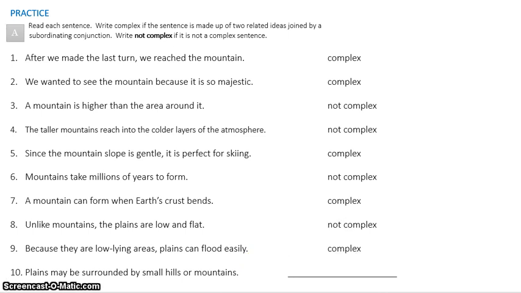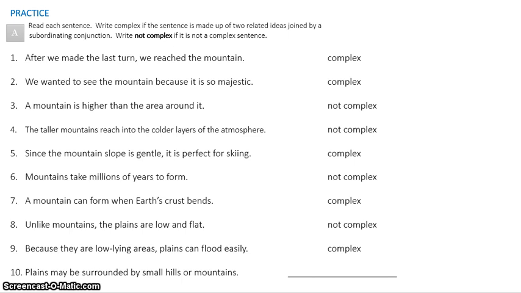Okay. So let's look at number 9. Because they are low-lying areas, plains can flood easily. All right. Did they take 2 sentences there? They took the sentence, they are low-lying areas, and they've taken the sentence, plains can flood easily, and they've combined them together with the subordinating conjunction of because and a comma, and so number 9 is complex.